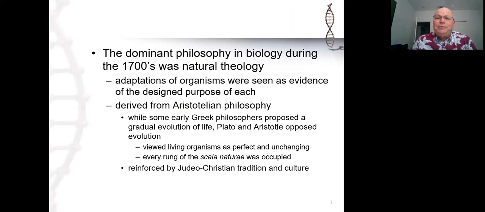As I said, the Greek philosophers, and Anaximander is the one who comes to mind first of all, proposed the notion that life was subject to change, that it did evolve. In fact, the Greeks struggled with this question for a while, and they actually proposed a number of ideas that we would recognize today, that life evolved in water, that it eventually transitioned to dry land and rose to dominate land.